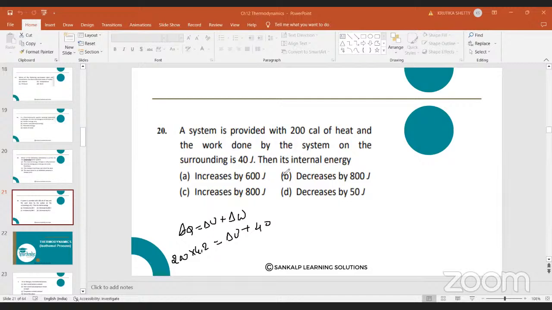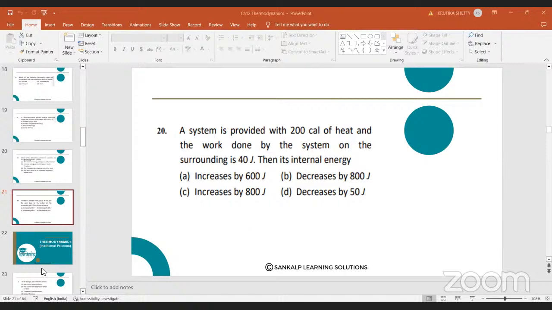Now let us go to the adiabatic process questions. Yesterday we covered some 5 questions, so let us see them.